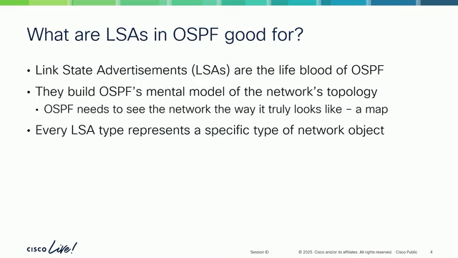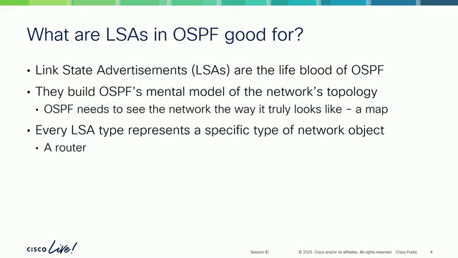OSPF cares about topology. It wants to know precisely what the routers are and what their interfaces connect to. It's a freak about detail and a freak about topology. It wants to create this mind map inside its memory so that it knows precisely how the network looks like.